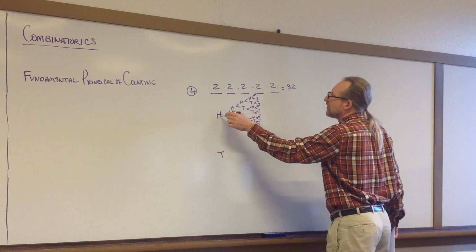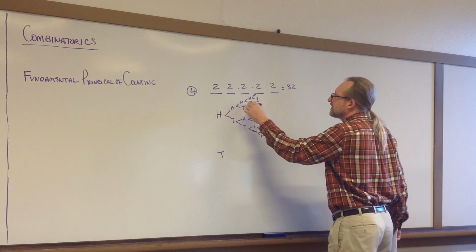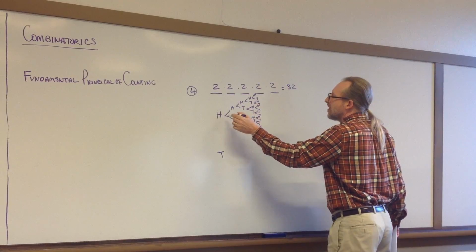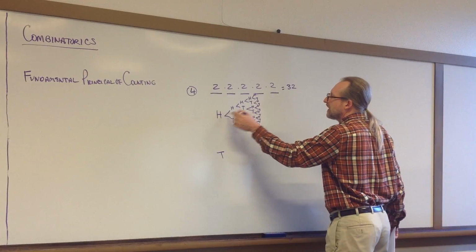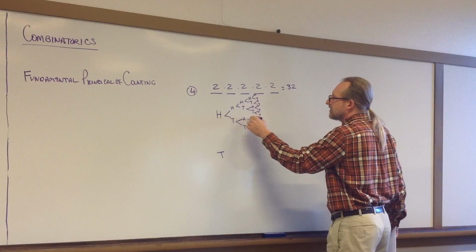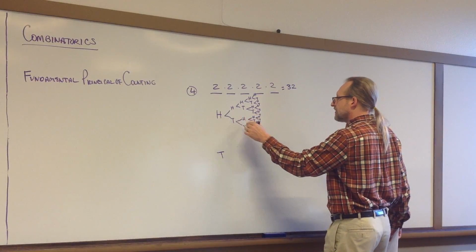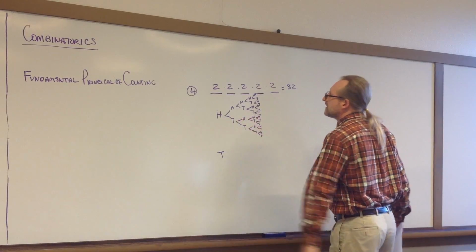But I think that was 4, and then 5, and 6, and 7, and 8, yep. I think that's all of them on that top half, and then 9, and then 10, 11, 12, let's see, 13, 14, 15, 16 possibilities.